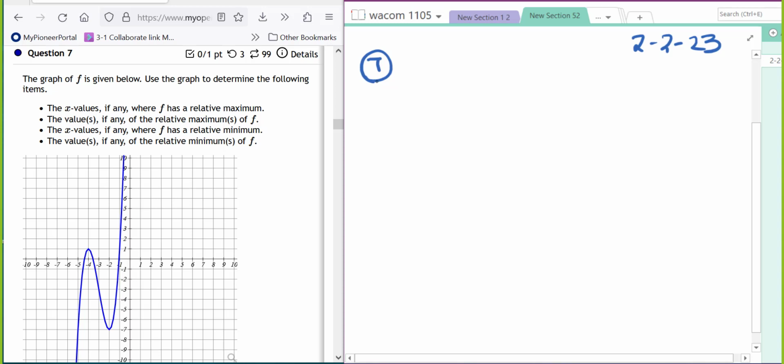So the relative max is at -4, 1. That's the point. It is at -4. The value is 1.